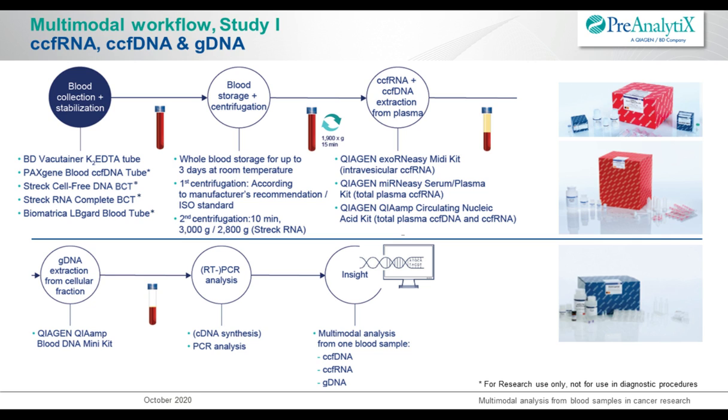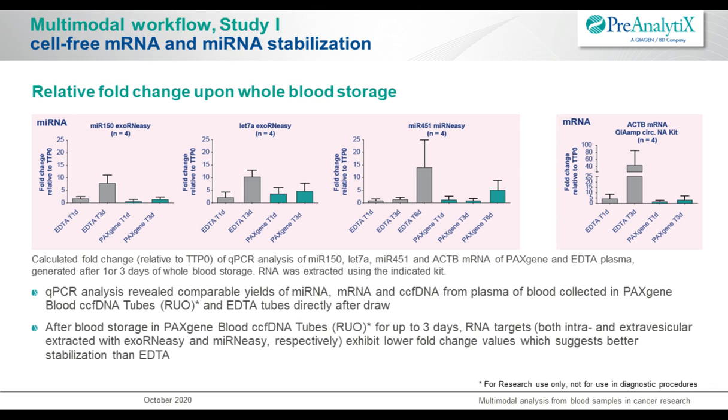And then after the plasma prep, we also looked into the remaining cells that you have still in your tube, and we isolated the genomic DNA from the remaining cells as well. And then we analyzed the content and the yield with PCR assays to get an idea what comes out of it. And that is shown in the next slide.